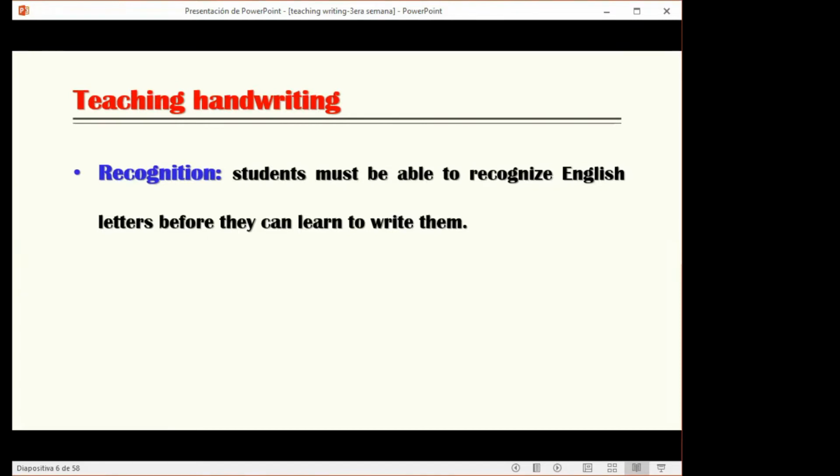They don't know exactly how to write the letters because they are very little kids. So they need to recognize. Students must be able to recognize English letters before they can learn to write them.